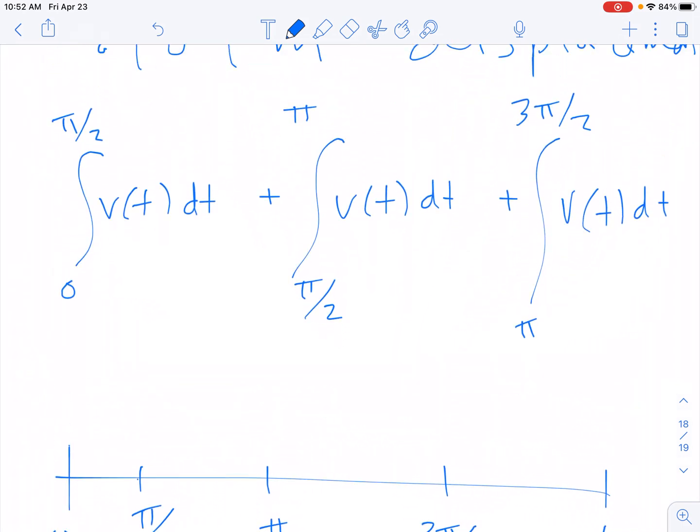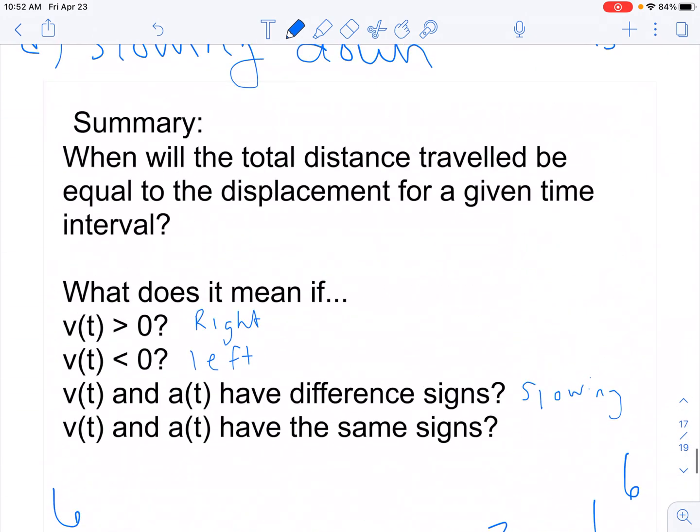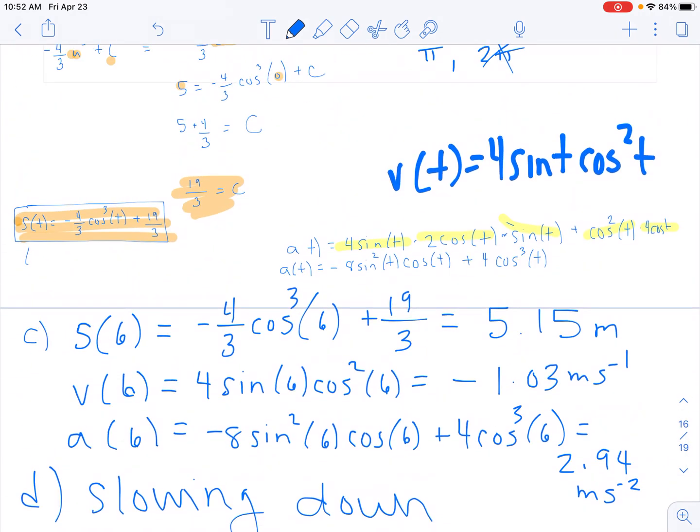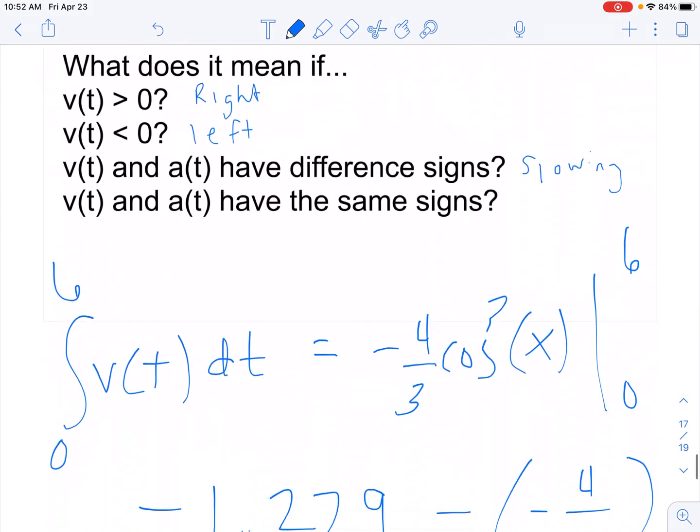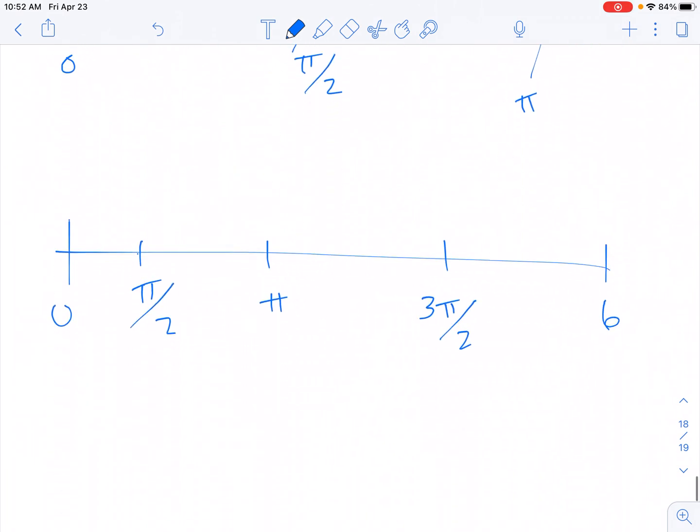So I'm just going to type in my velocity function and substitute numbers into it. I'm just using the table feature on my graphing calculator. So I'm going to plug in 0.5, I get positive. If I plug in 3, I get positive.